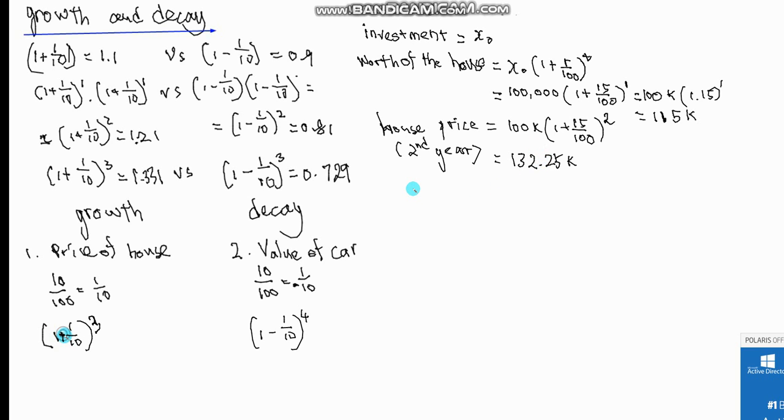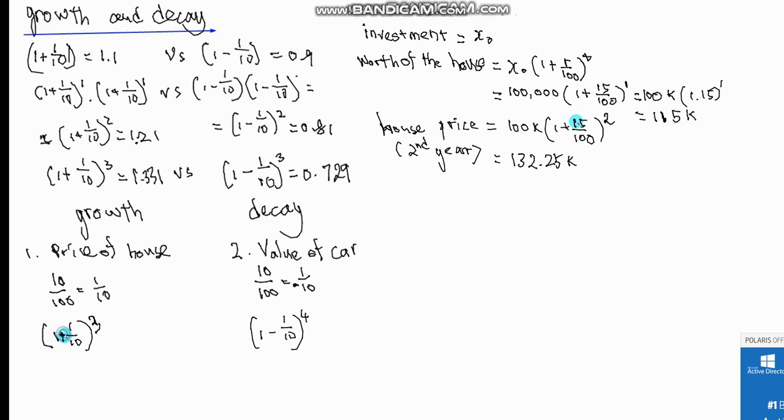Now, what about at the end of the third year? So you just change this to 3. If you say that the appreciation of the house is now at 5% only, then the 15 will change to 5. Let's say the economy suddenly becomes very bad.